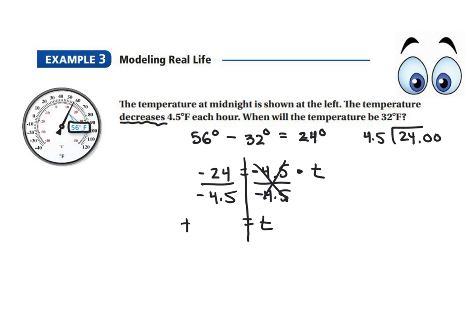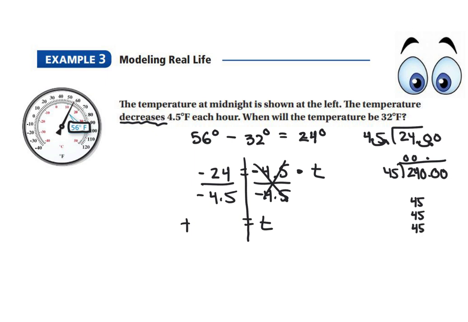We can't have a decimal outside, so let's get rid of that by moving it over. And so our new division problem is 240 divided by 45. 45 does not go into 2. It does not go into 24, but it does go into 240. So let's skip count and see how many times. 45 and 45 is 90.